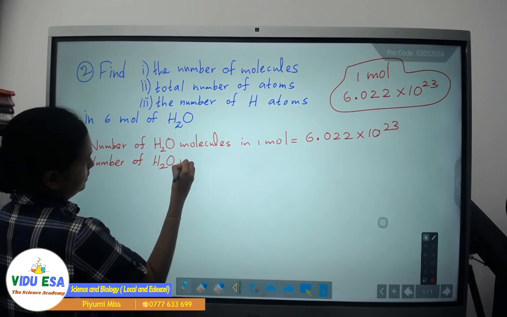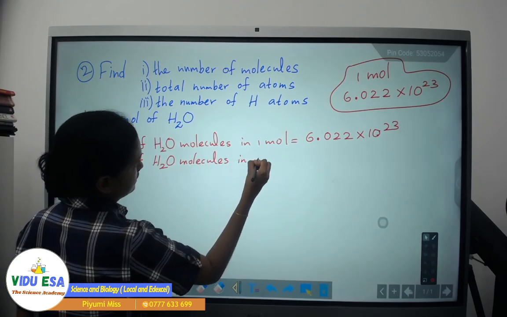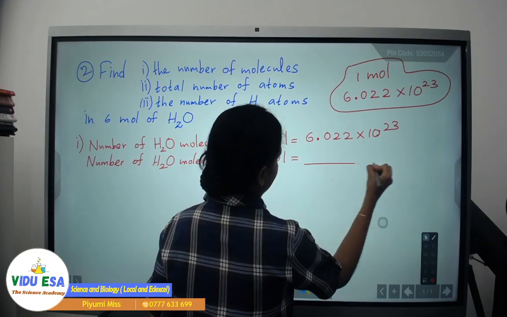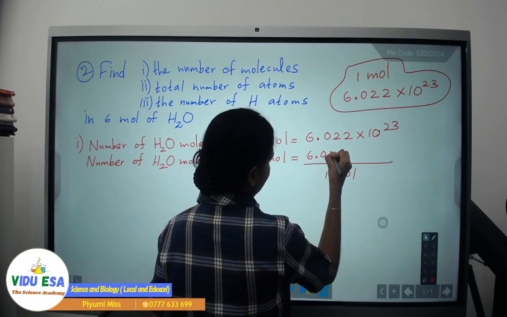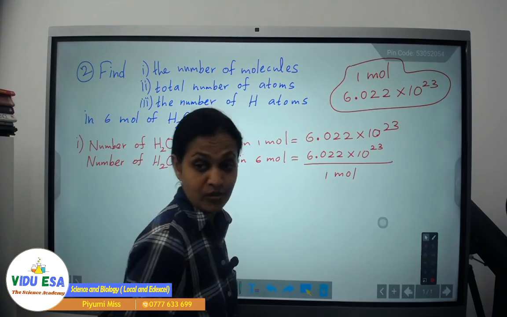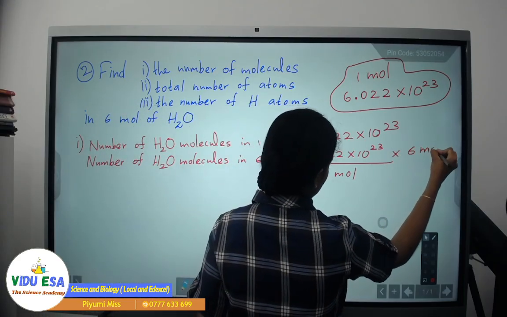Number of water molecules in 6 moles, right? So you have to say in 1 mole you find 6.022 into 10 to the power 23 number of molecules. Therefore, in 6 moles, that is very easy.